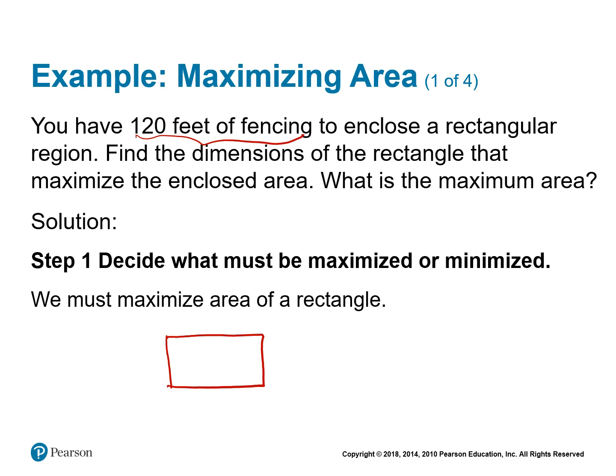In a rectangle, by the property of rectangles, the opposite sides are always of the same length. So if this side is x, the other opposite side should also be x. If, let's say, the width is y, then the opposite width is also going to be y.